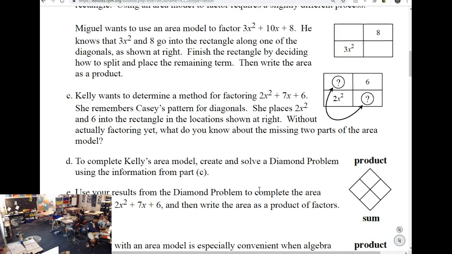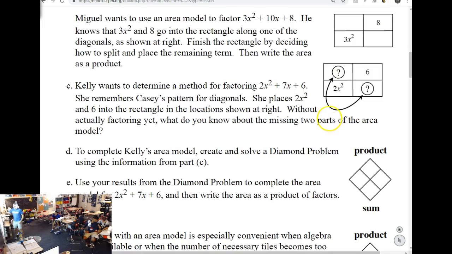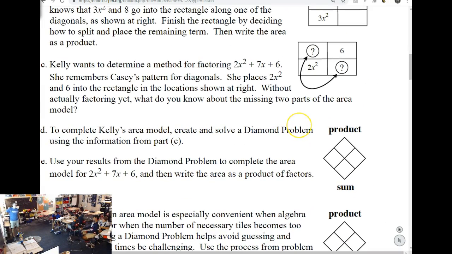So yes, the magic diamonds. Because we're still in the transition years of CPM, they just say diamond problem or whatever, but if we set up our area model in a diamond problem model, that's why we're doing these. So we know the product, right?